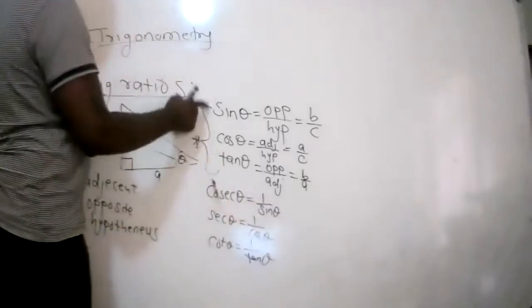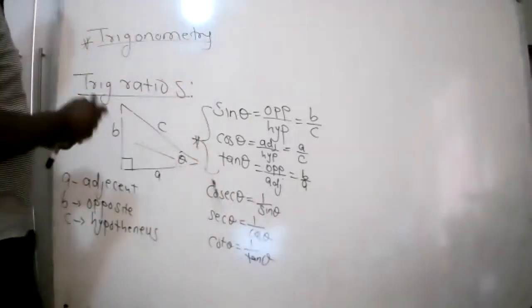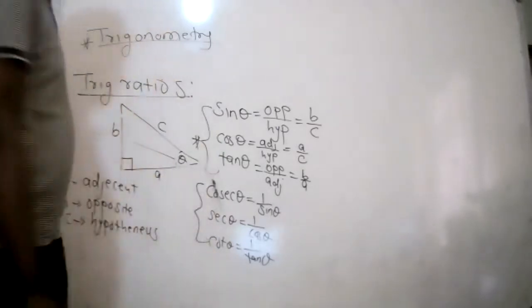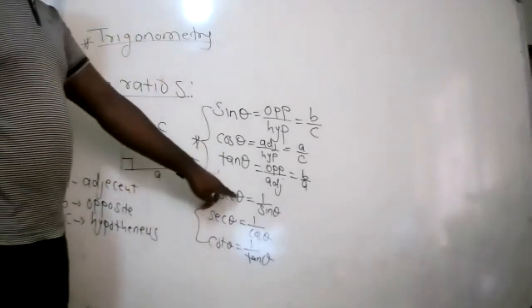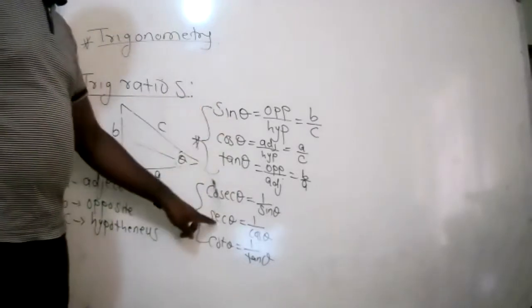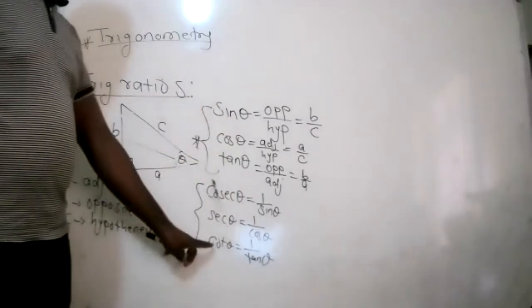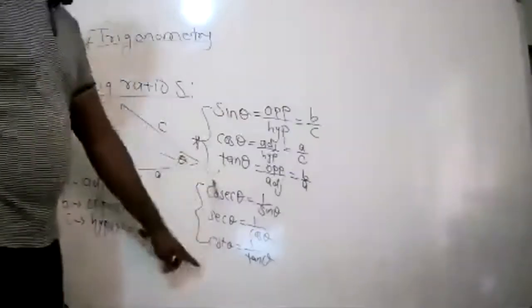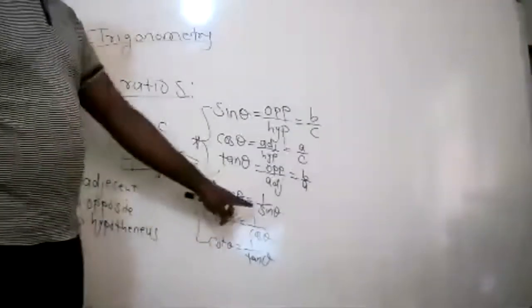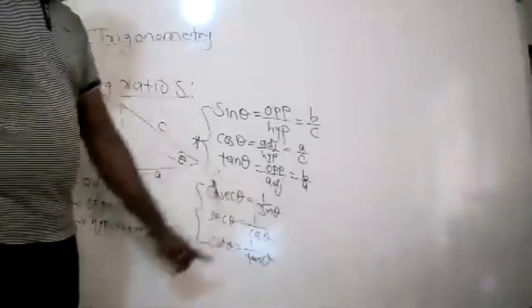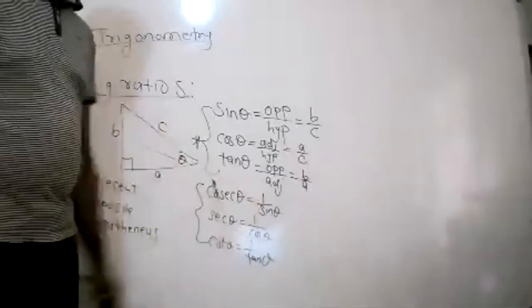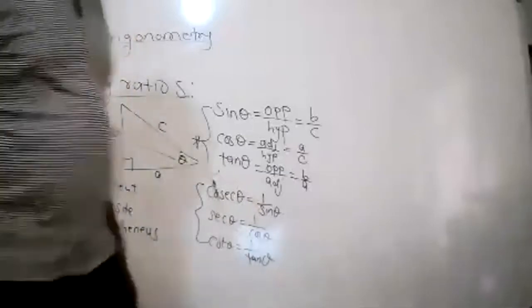So there's a relationship between these first three functions and these other three functions. Cosec is the inverse of sine, sec is the inverse of cos, and cot is the inverse of tan. So cosec is 1 over sine, sec is 1 over cos, and cot is 1 over tan.